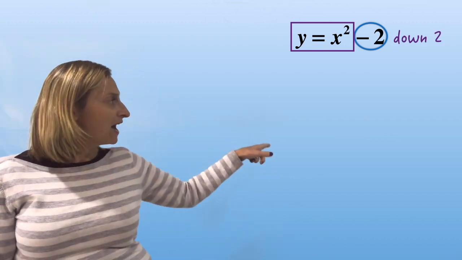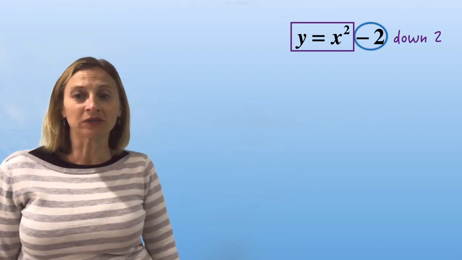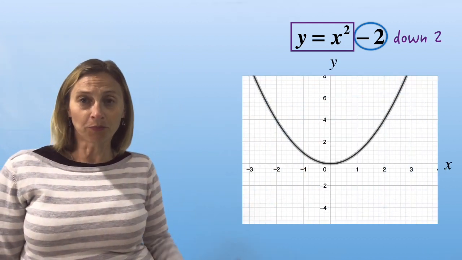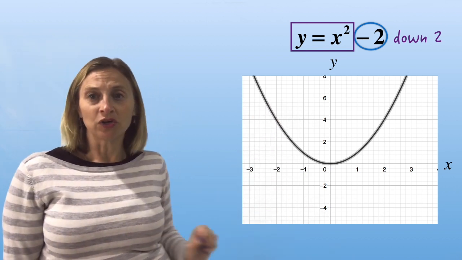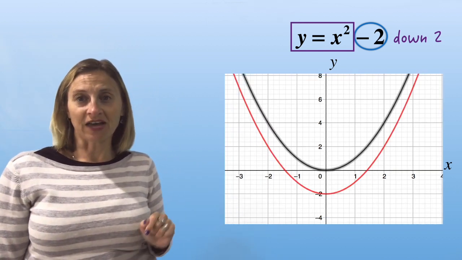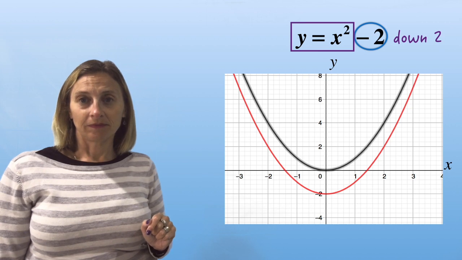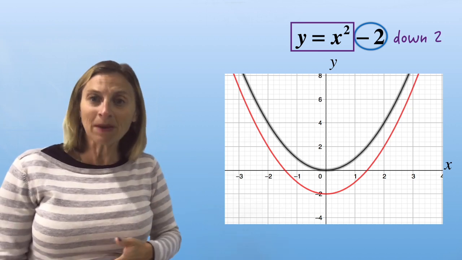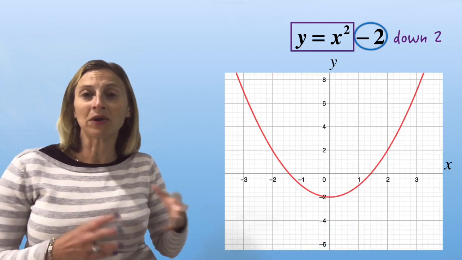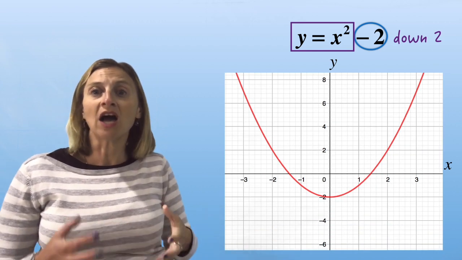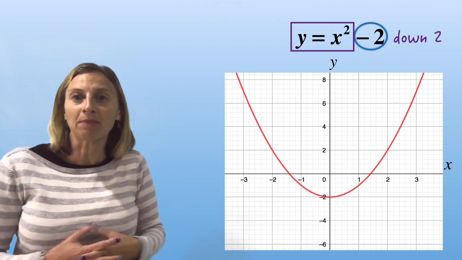So we start with our basic graph of y equals x squared. Now we need to take that graph and move it down 2. Just like that. And of course, you can either rub out the other one, the y equals x squared, or you can just do it in very light pencil, or you can always highlight your answer. I like to just highlight my answer.